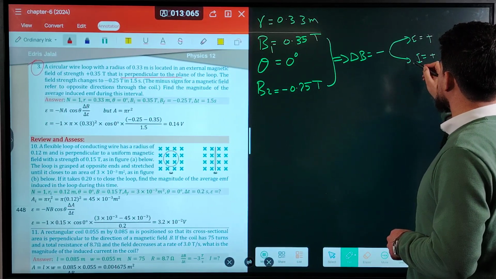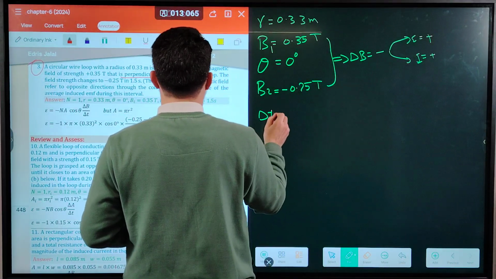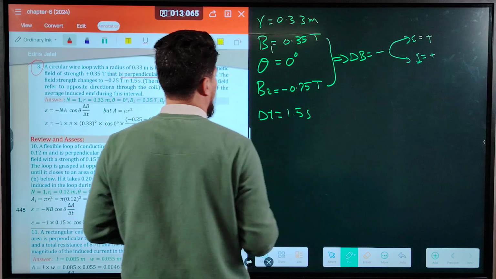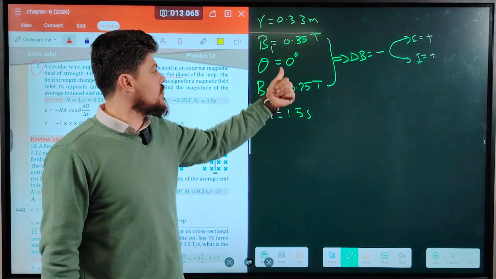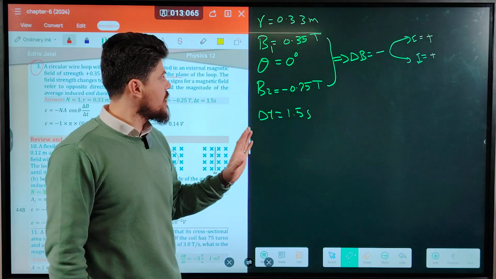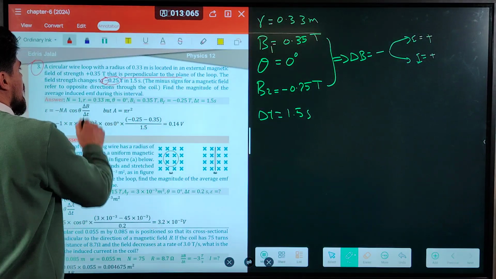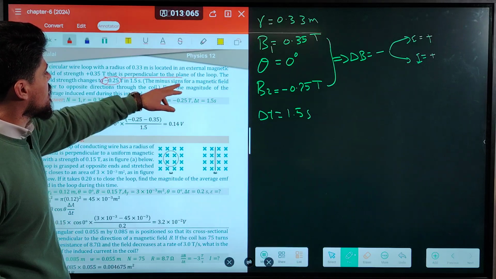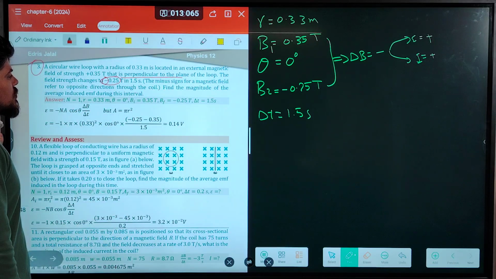Induced current is also positive. In how many seconds? 1.5 seconds. In 1.5 seconds, the magnetic field decreases from 0.35 to negative 0.25 Tesla. But don't forget, you have to write down this sign, this minus sign for the magnetic field refers to the opposite direction through the coil.